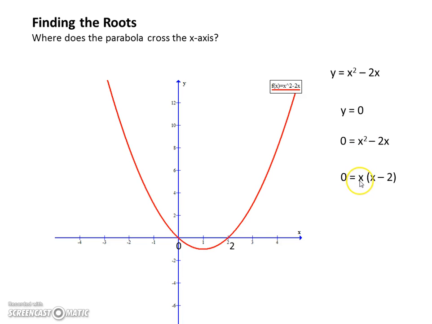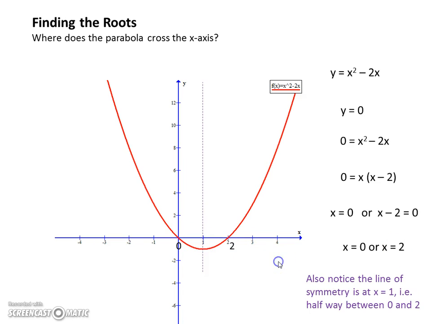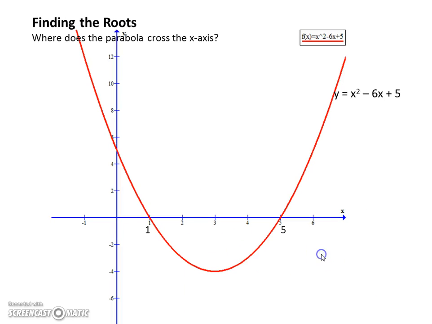If you've got two things multiplied together and they equal 0, then one of them must be 0. So x equals 0 or 2, and 0 and 2 are our intercepts. By the way, x equals 1 is our line of symmetry, which is halfway between 0 and 2. Here's another example.